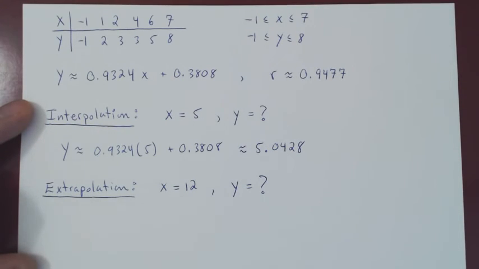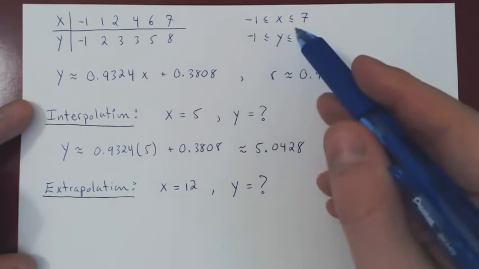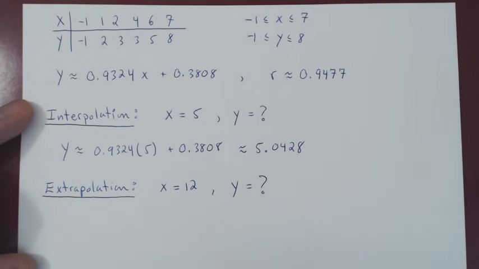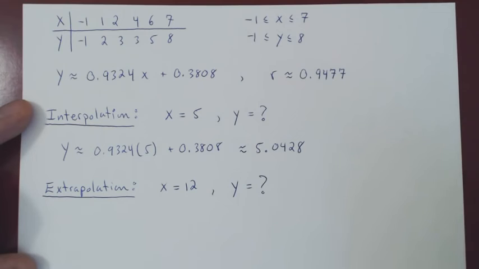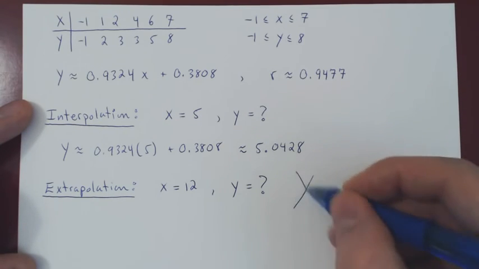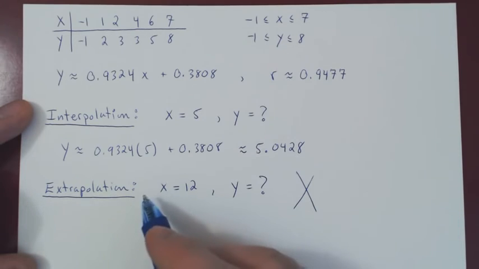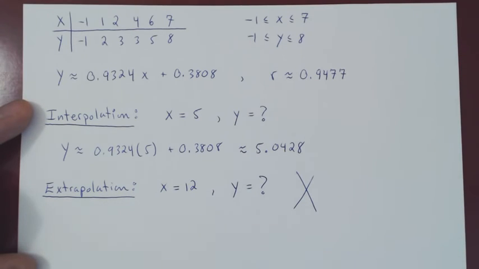It is not because a linear relationship exists between two variables over a certain interval that it does exist forever. And so here, because 12 is outside of our range of x values, the linear relationship could break down, and so we cannot make predictions here. There's nothing we can say with any kind of confidence. So always be wary of extrapolation.